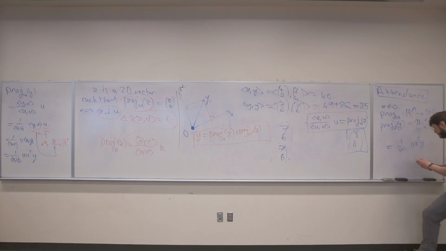In other words, proj sub u is literally this n by n. In particular, it's clearly a linear transformation, it being the composite of linears.